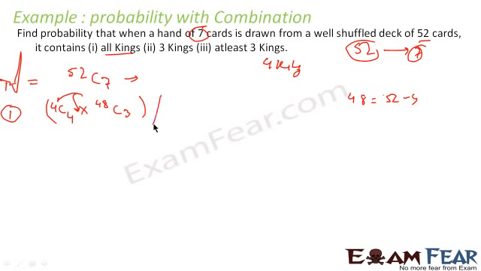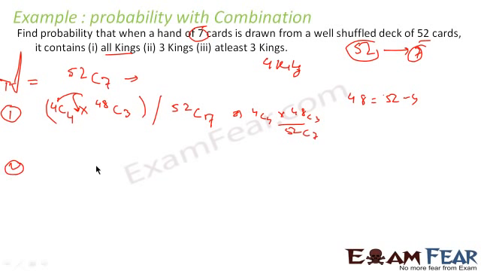To find the probability we divide this by the total events. So for all kings the probability is 4C4 into 48C3 divided by 52C7.